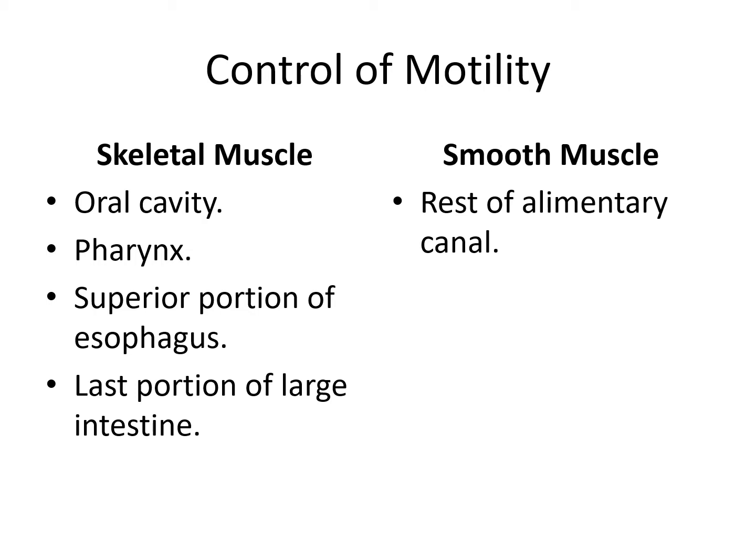Remember, the esophagus transitions from skeletal muscle to smooth muscle, and also the last portion of the large intestine. So these are more under voluntary control. Smooth muscle includes the rest of the alimentary canal. It's only one thing, but it covers the whole GI tract, essentially. And this is involuntary.